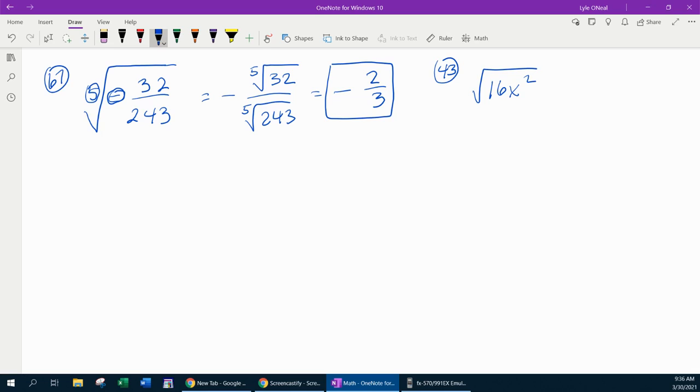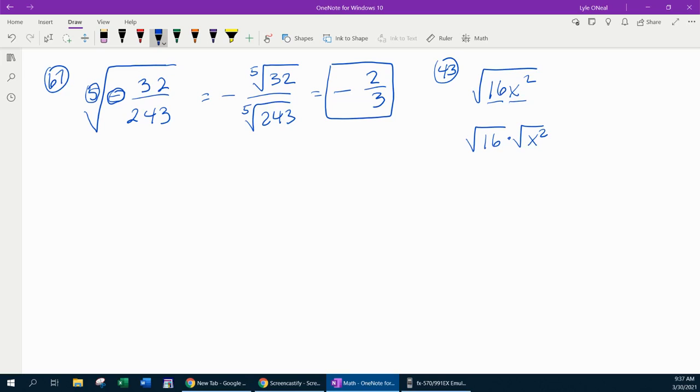So we have a property of radicals that says if you have multiple factors under a root, you can separate them into their own radical symbol. So here I can separate this as the square root of 16 times the square root of x squared. It's almost like Harry Potter, where everybody gets sorted into their own houses. So the 16 and x squared, they get put into their own houses. And then you can take the square root of each one separately.